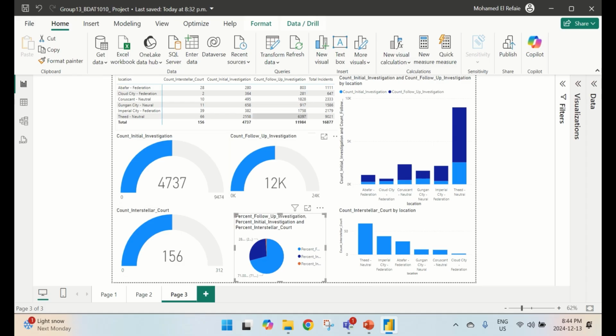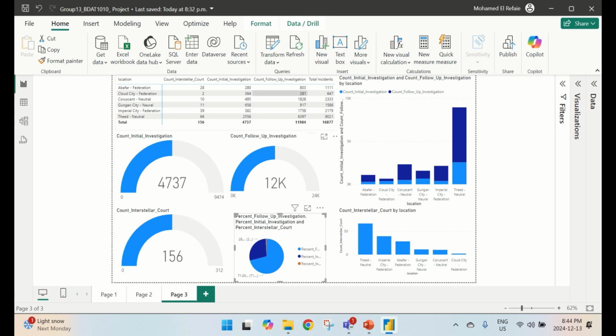And the other interesting observation here is that in the Cloud City Federation, we can see the initial investigation 364, and the Imperial City Federation, again, the initial investigation, 382. They are very close in numbers, same as the Croxent Neutral 495.